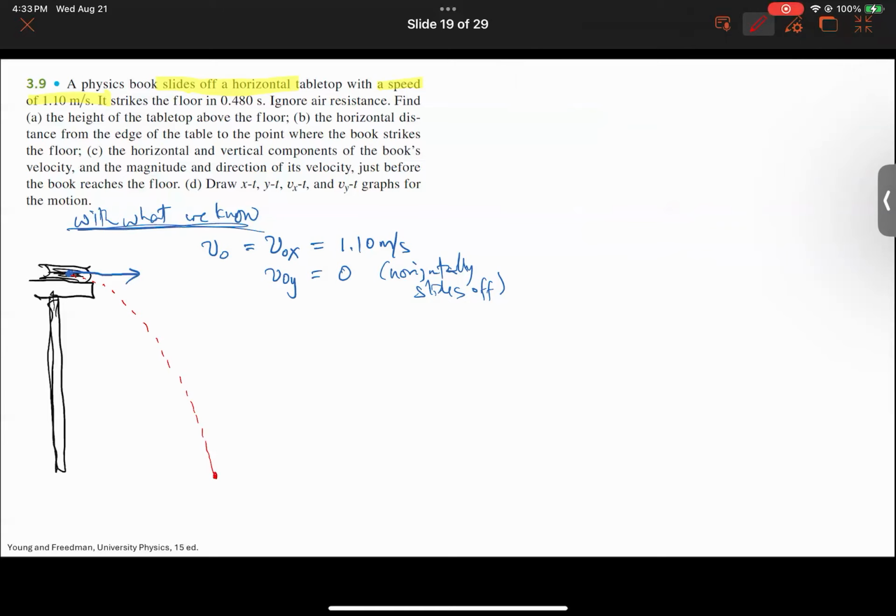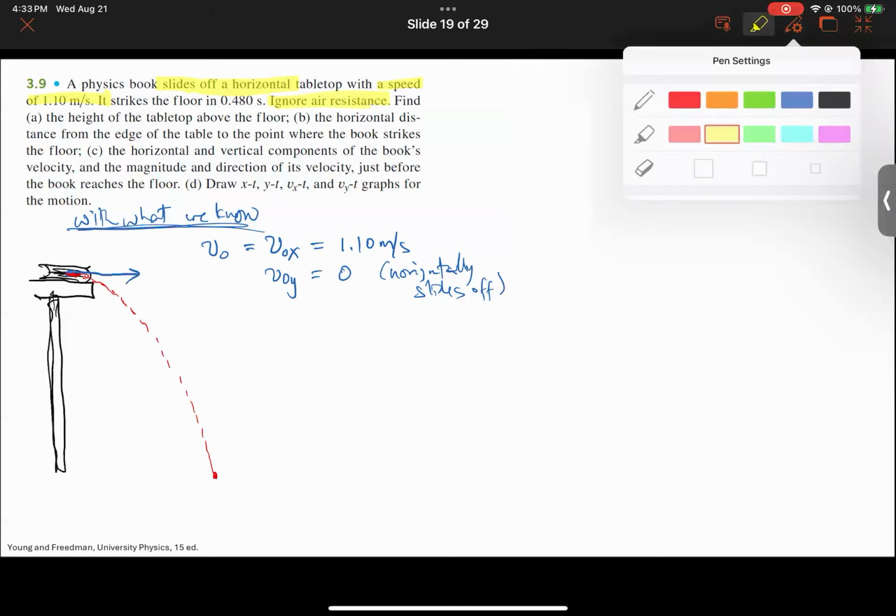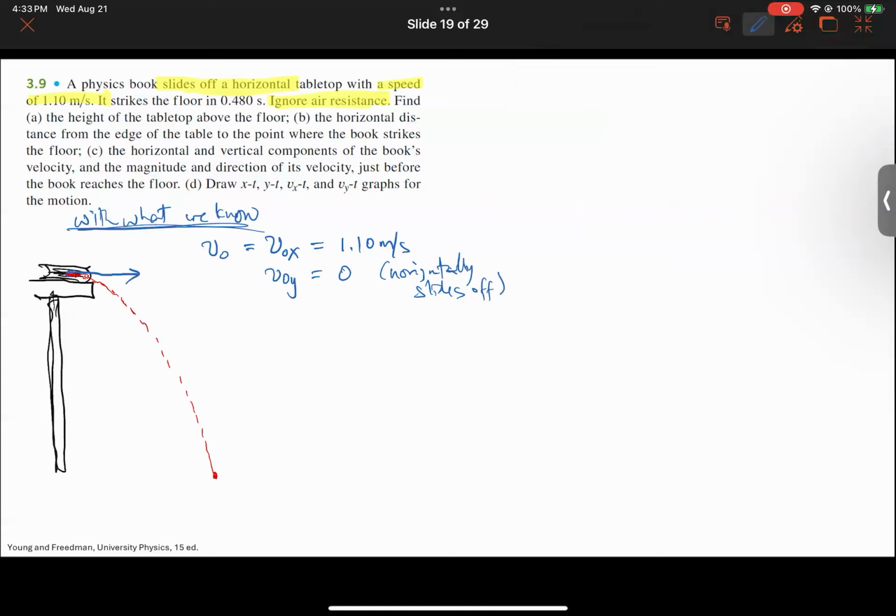How do we know the trajectory is parabolic? As it is falling, what force does it experience? Why does it fall in the first place? Because of gravity. As it is falling, does it feel any other force? The problem says to ignore air resistance, so it feels no other force. That means this book undergoes projectile motion, because it only experiences gravitational force.